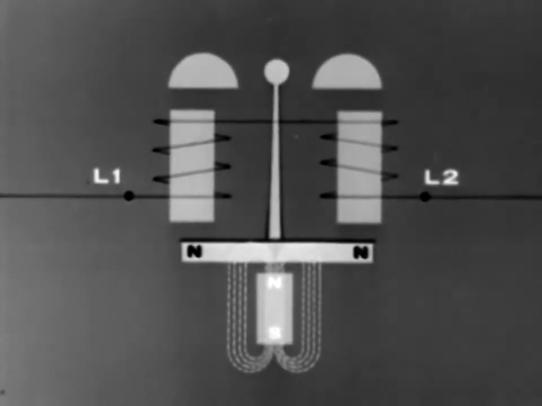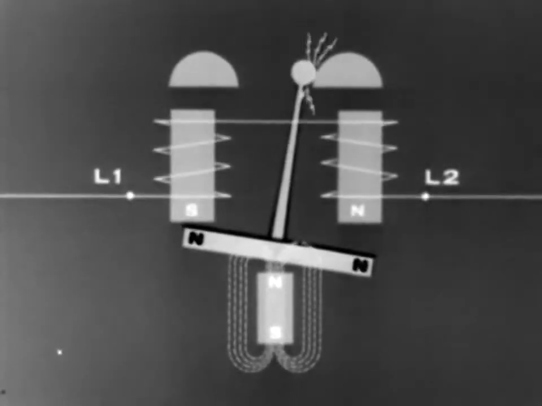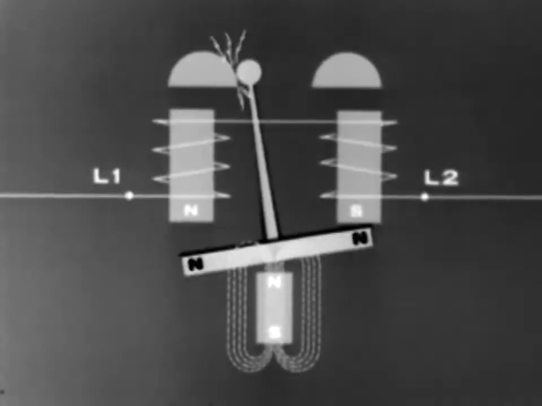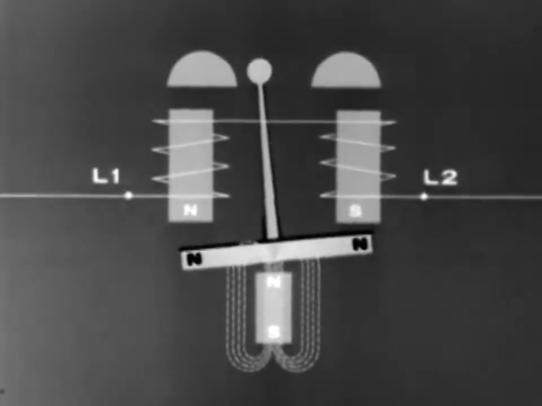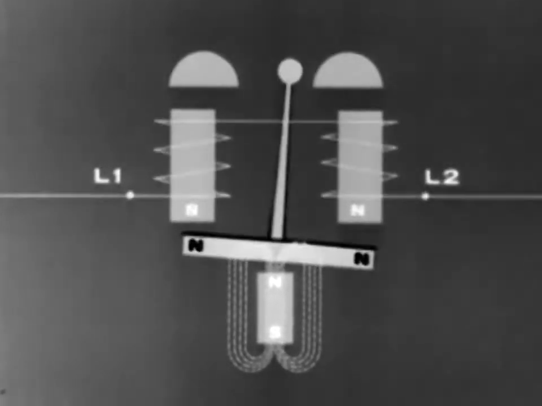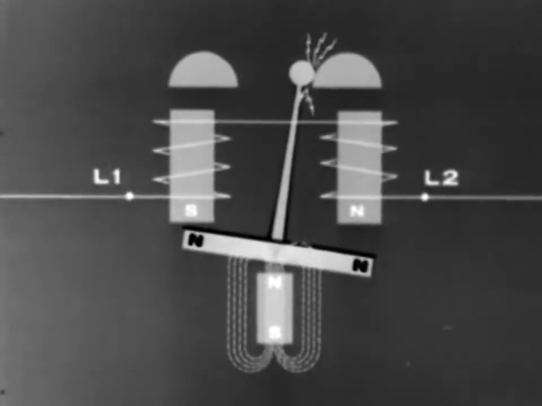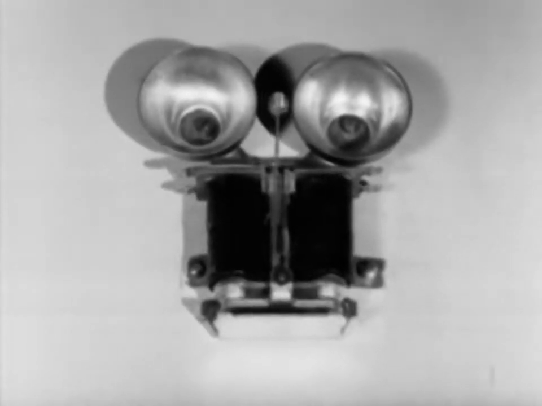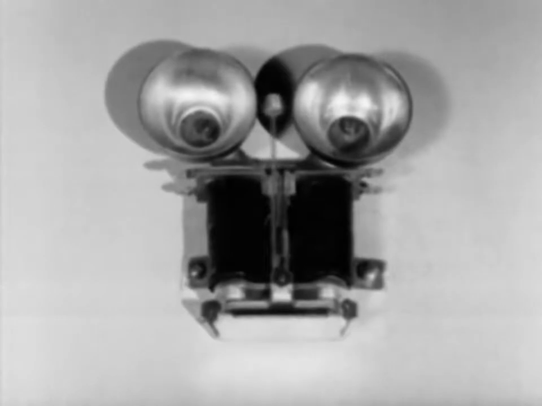When a signal is sent over our line, the polarity of our electromagnet will alternately attract and repel the ends of the armature, operating the clapper rod, which alternately strikes each gong. Here we see an actual telephone ringer in operation.